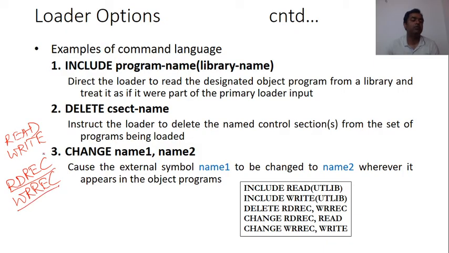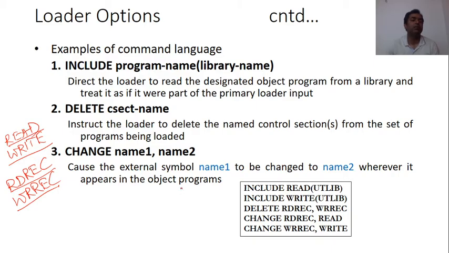Rdrec was used to read data from some device and wrrec was used to write data to some device. Now in place of rdrec and wrrec in the same program, I want to use the read and write library functions from the utility library.